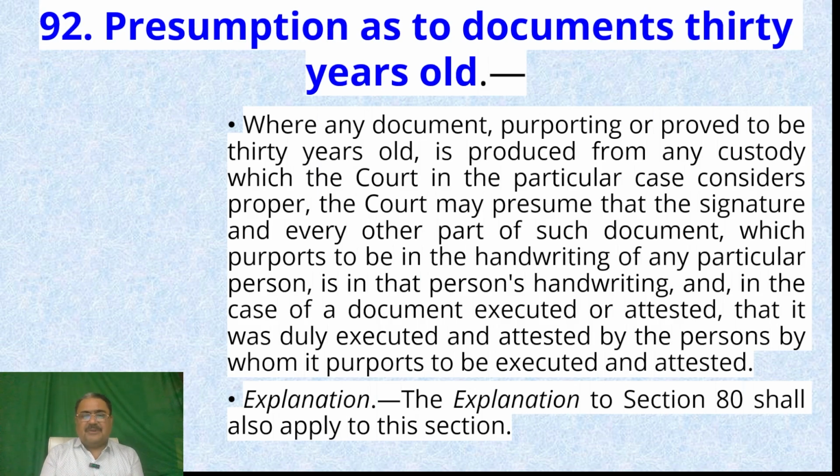So, because of this presumption, it may help in proving. So, if an old document comes from proper custody, the court may draw a presumption that it was properly executed, properly stamped. Because many of the evidences which you might ask today of a document which is 100 years old, 70 years old, 60 years old, we will not get those witnesses.